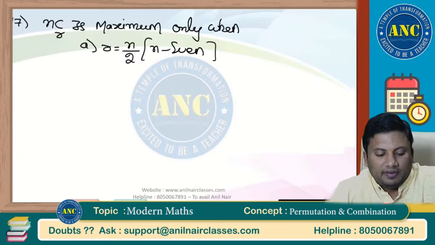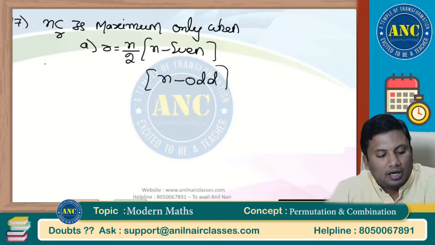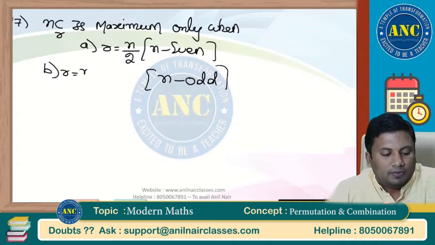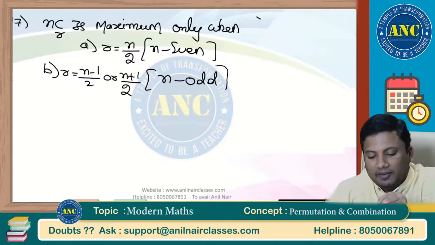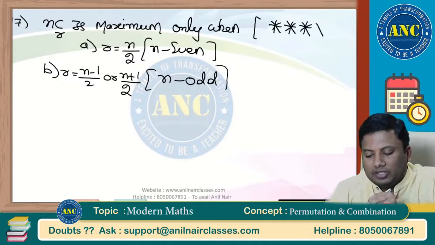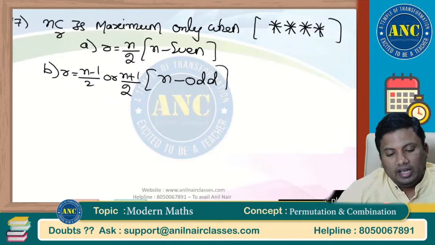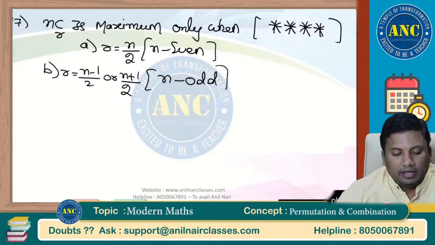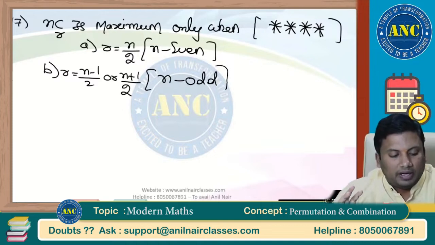If n is an odd number, NCR is maximum only when r is n minus 1 by 2 or n plus 1 by 2. Very, very important. There were some exam model questions based on this concept.